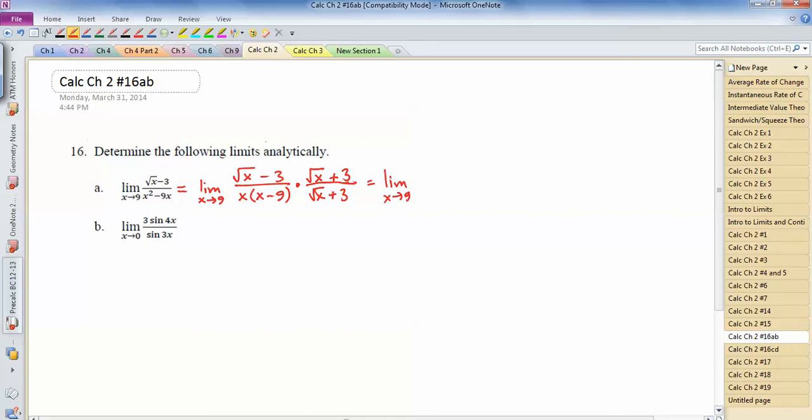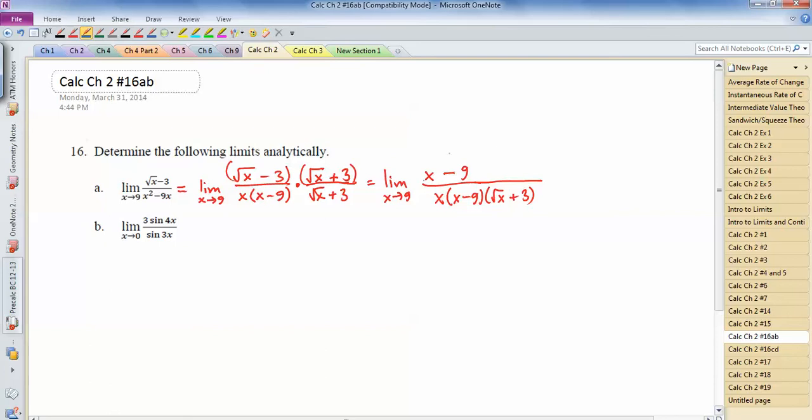And then the top, root x minus 3 times root x plus 3, that's going to be x plus 3 root x minus 3 root x, and then minus 9, over x times (x minus 9) times (root x plus 3). And I'm going to leave the denominator factored because the goal is almost always to try and cancel stuff.